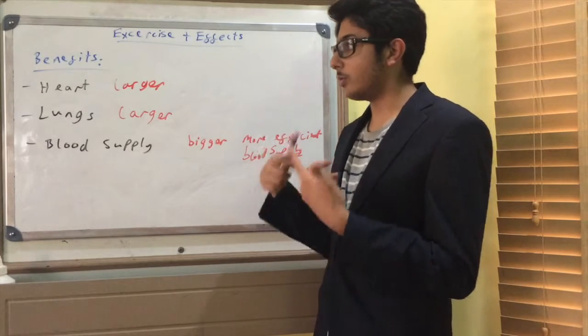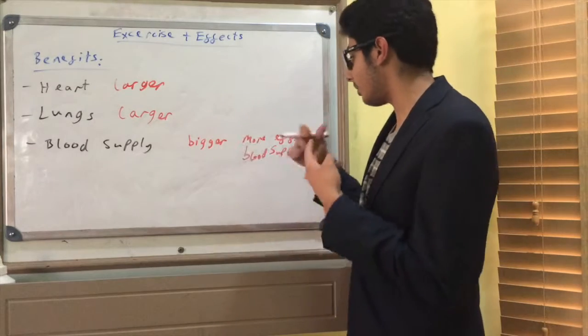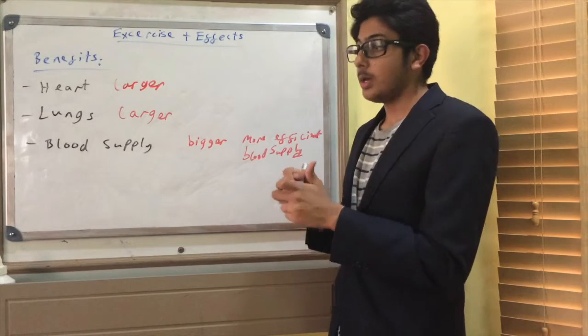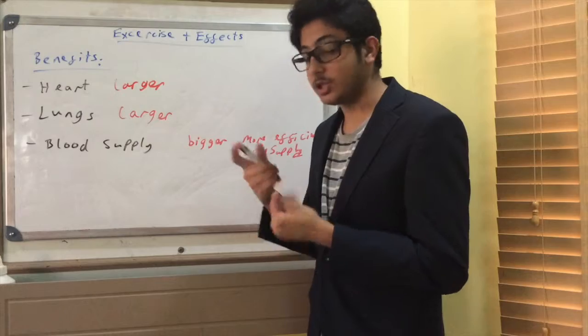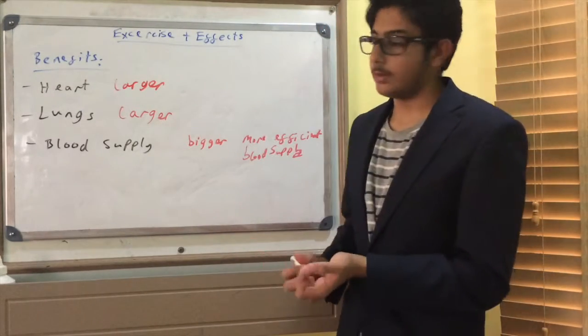Whereas someone who is not fit, his heart is small, lungs are small, blood supply is not that big and not as efficient. He will require anaerobic respiration, or she, much earlier when exercising.